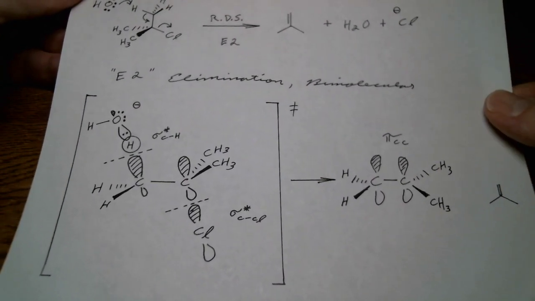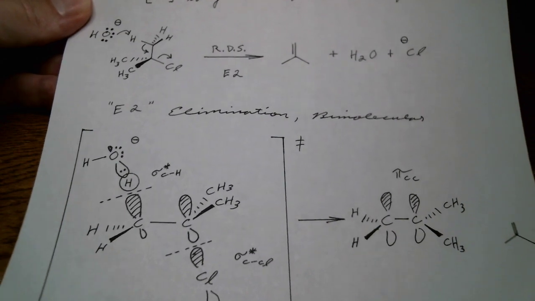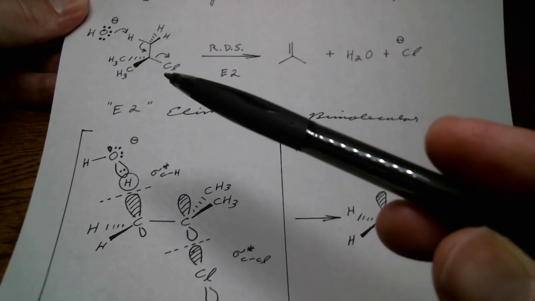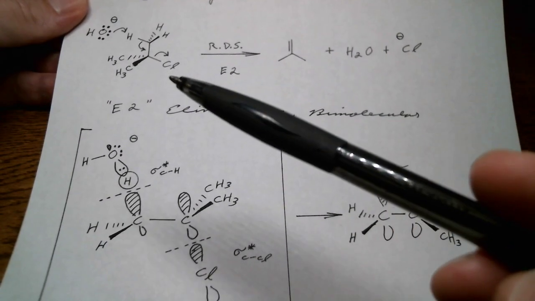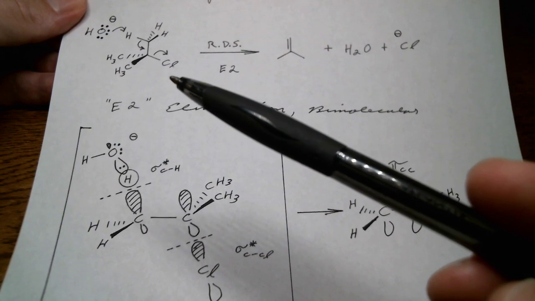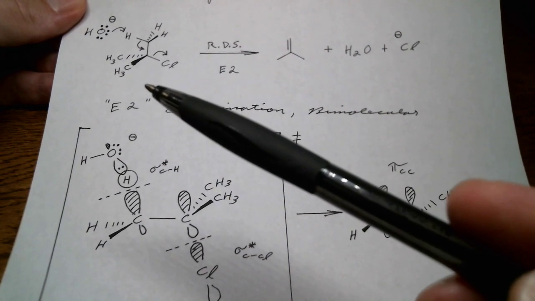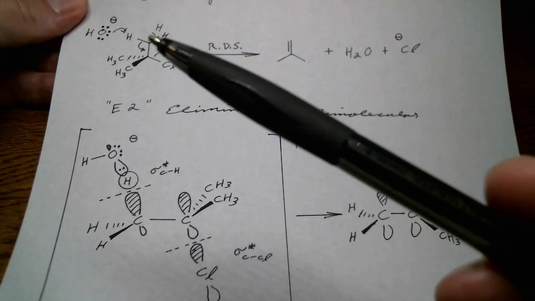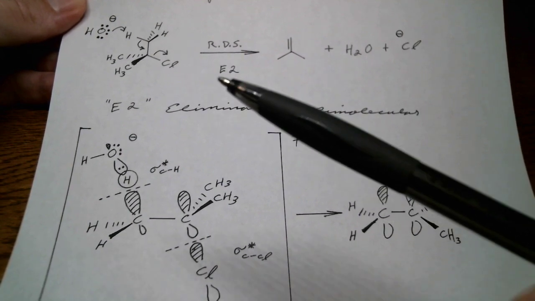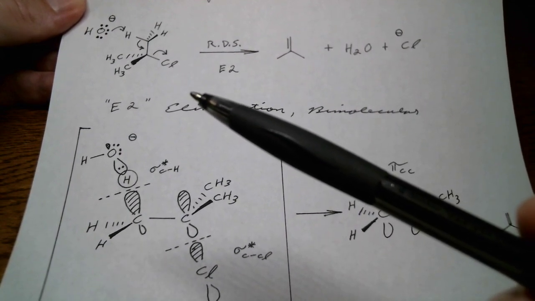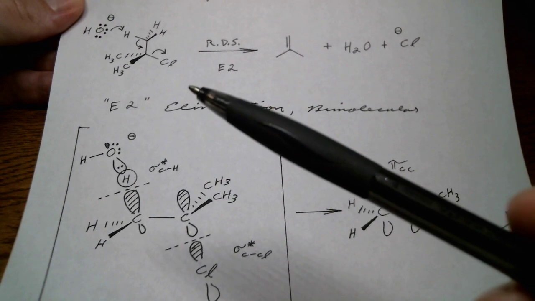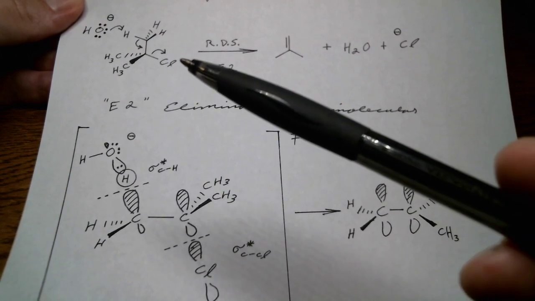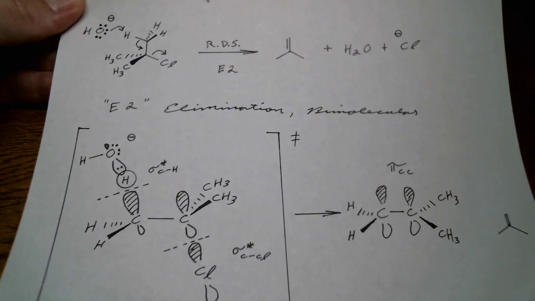So what else can we comment about this? I drew this in a very specific conformational geometry for our 2-chloro-2-methylpropane. You notice that the chlorine and the hydrogen are in the same plane. They're in the plane of the page, and they are pointing opposite to each other, so you could describe that chlorine and that hydrogen as anti-periplanar.